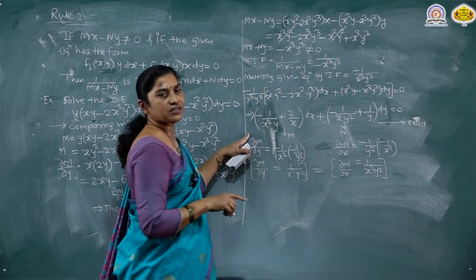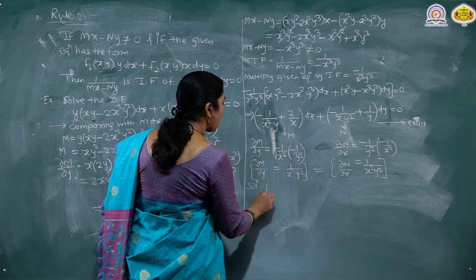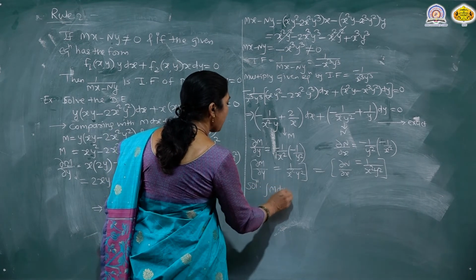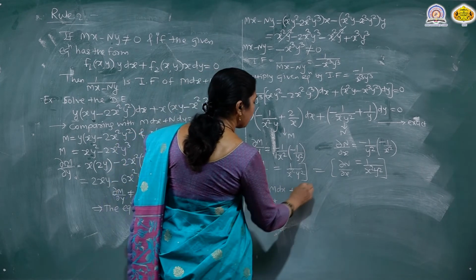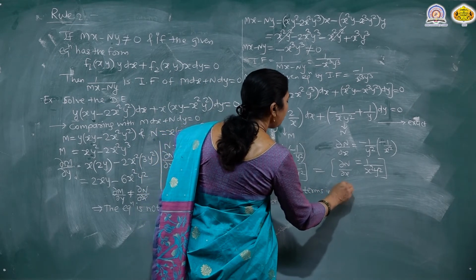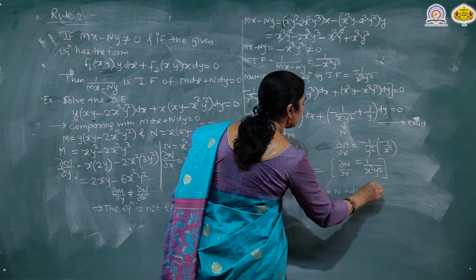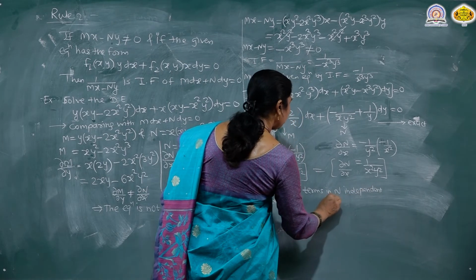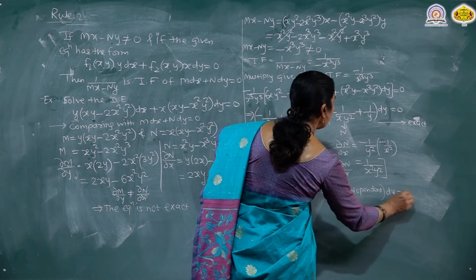And if it is exact, then what is our rule for the solution? The solution becomes integral M dx over y constant plus integral of terms in N independent of x dy equal to c.